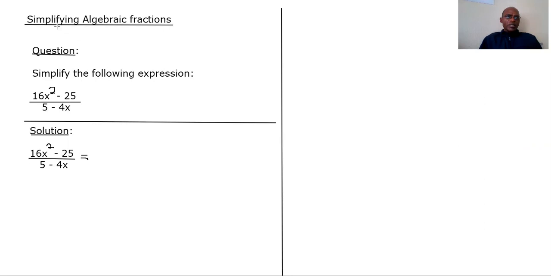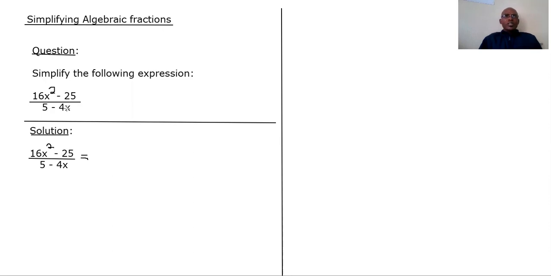Whenever we are simplifying an algebraic fraction, the first thing that we must do is to know the type of the expression that you have in the numerator as well as the one in the denominator. This is important so that we can factorize the numerator and factorize the denominator, so that we can reduce it to its lowest term.